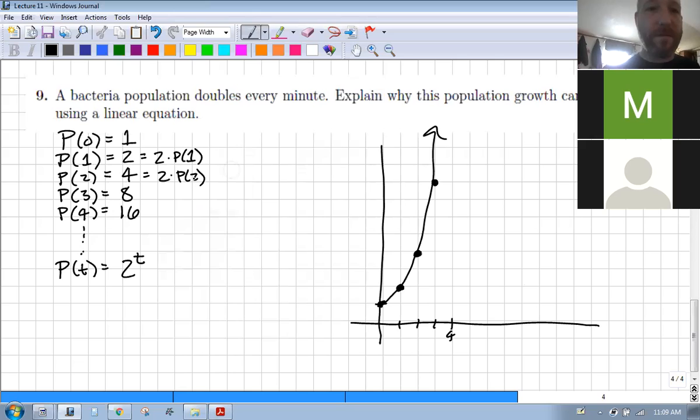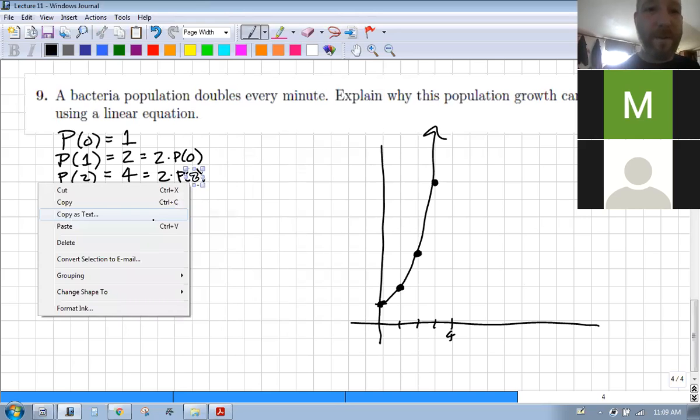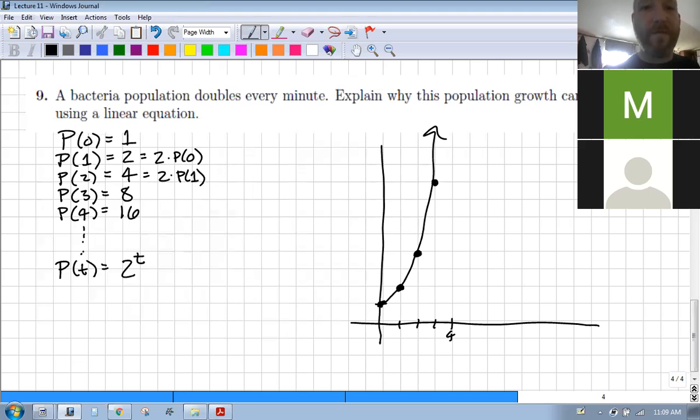P of 1 is twice p of 0. P of 2 is twice p of 1. P of 0 is 1. So this is 2 times 2 times 1.